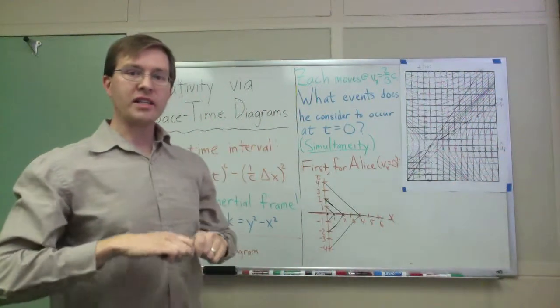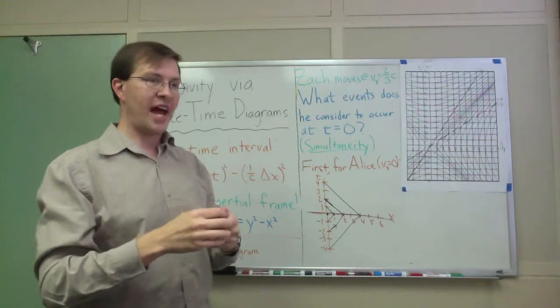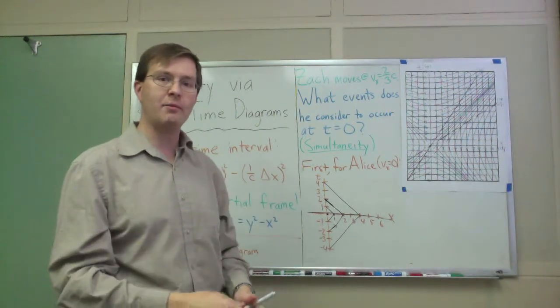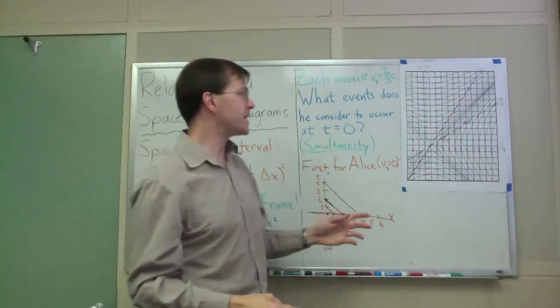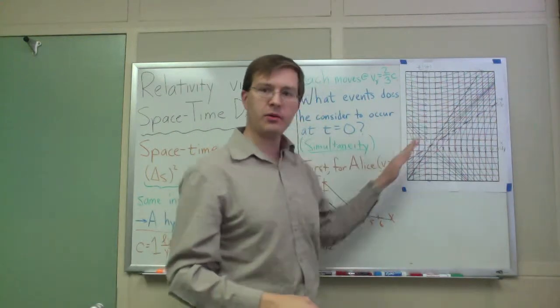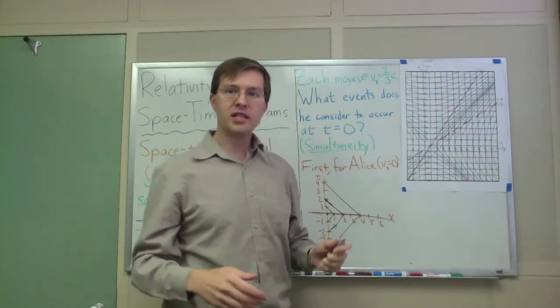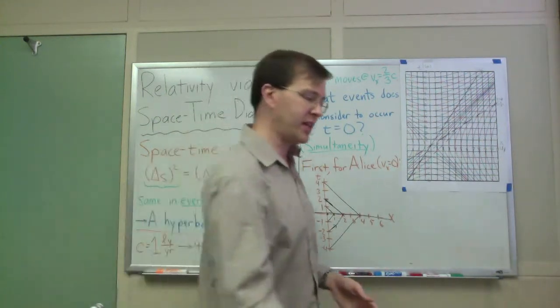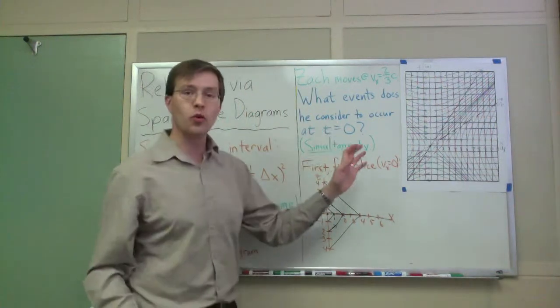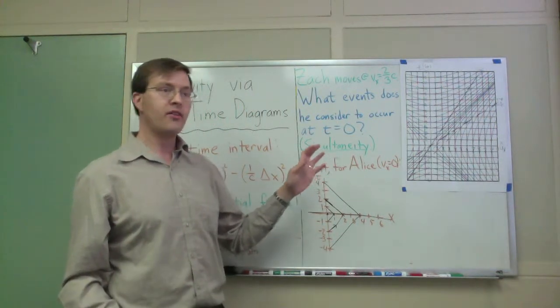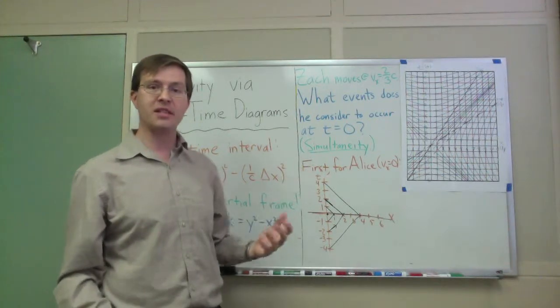I call it a time slice because if Zach were to make a slice through all of time and say these are the things that happened at time equals 0, that would be what he would say was time equals 0. This is one of the weirdest things about relativity, that different observers disagree on the order of events, on what events happen at the same moment.